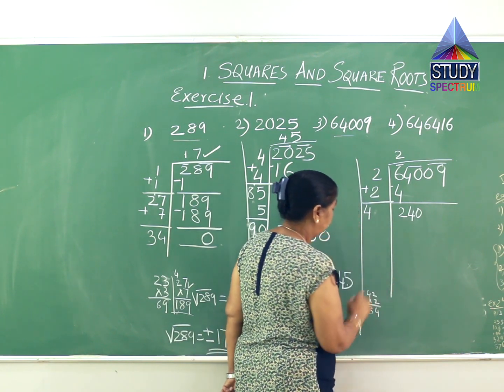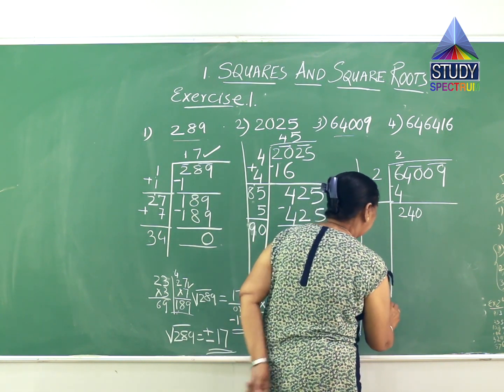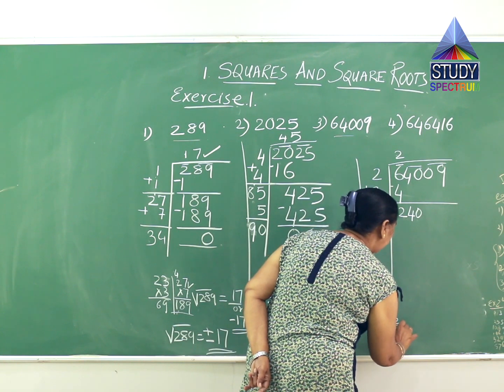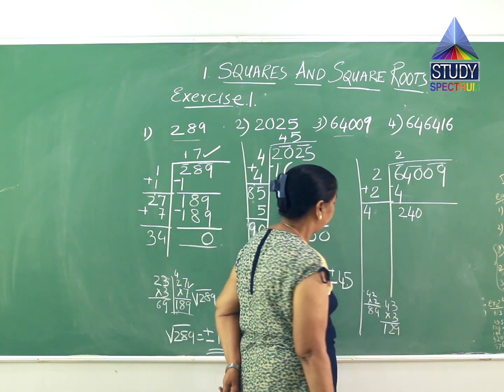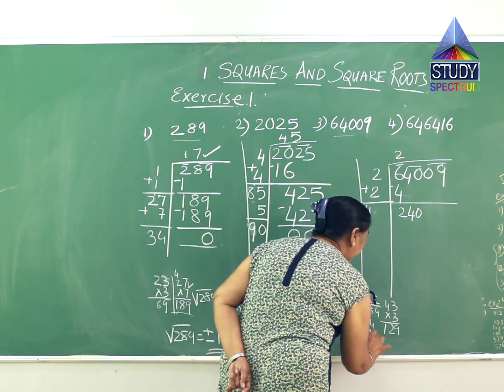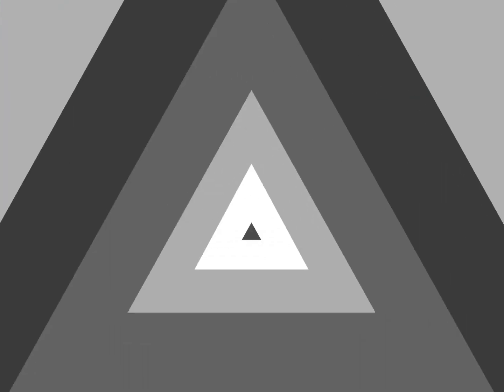So this is too small. So I'll take 3. So 3 3s are 9 and 3 4s are 12. This gives me 129. And if I take 4, this gives me 16, 1 carry 17.